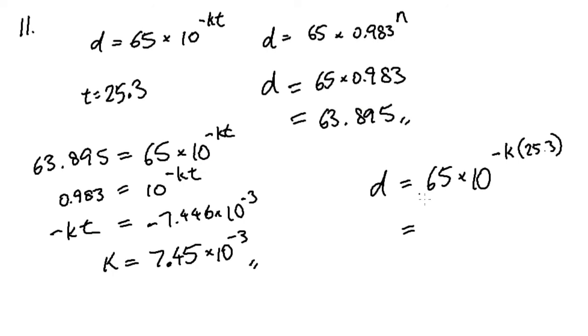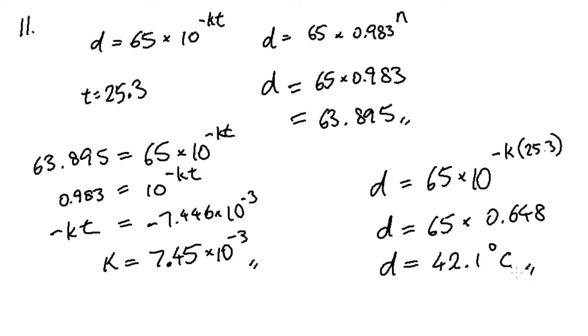It's negative 0.18839, so do 10 to the power of the negative k times 25.3, and we get 65 times 0.648, and d is just 42.1 degrees Celsius. And that is it for this question and probably the paper.